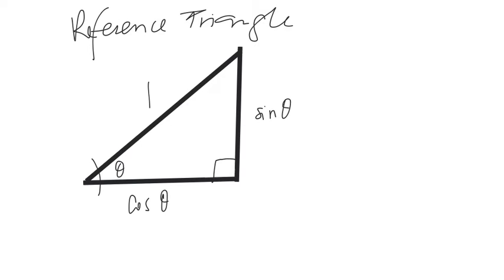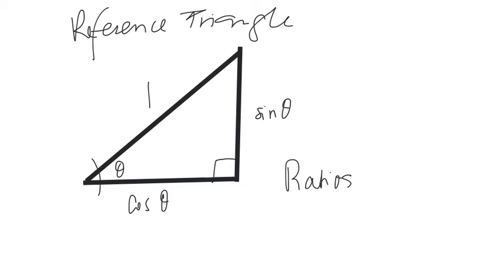Now you might be wondering what cosine of theta is or what sine of theta is, and I'll say right now that cosine and sine and tan, which I haven't talked about yet, all refer to ratios. They all refer to ratios.